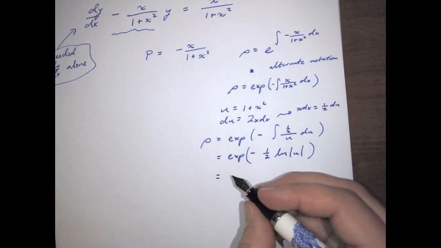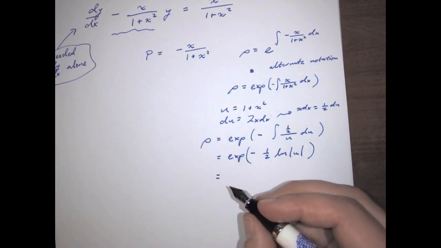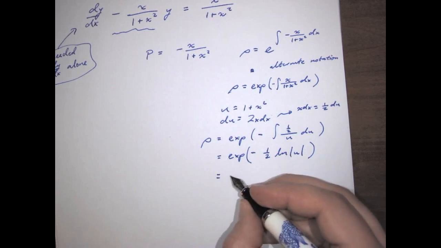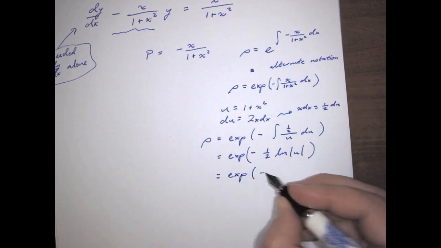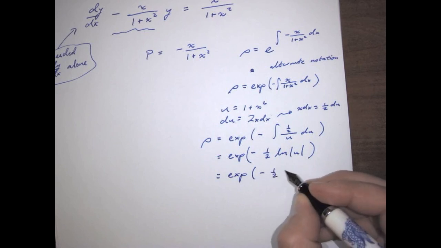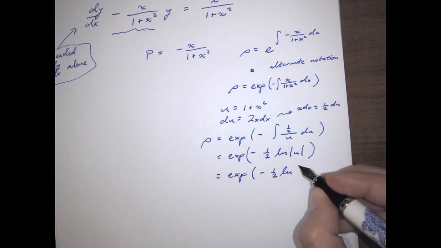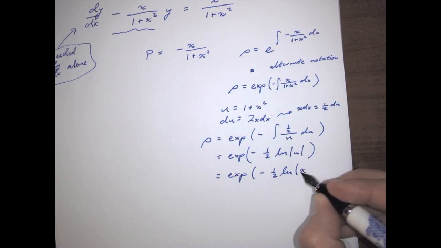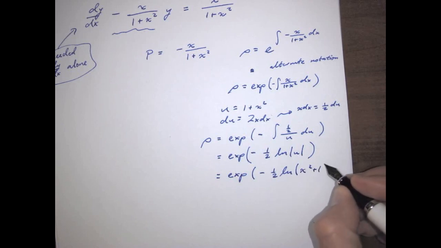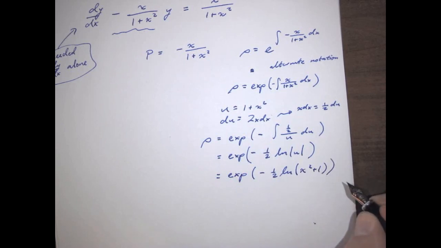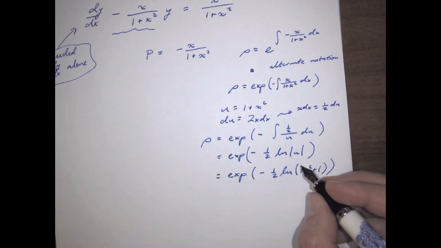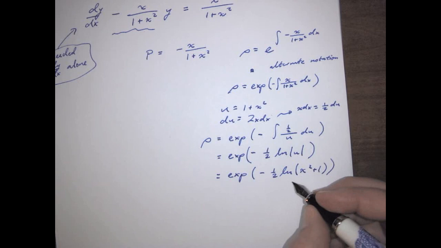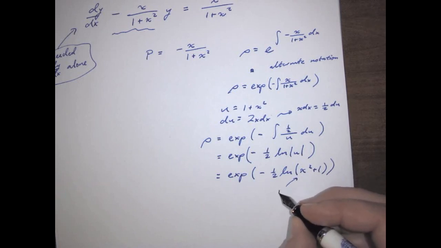So now this is going to be the exponential function negative 1/2 ln x squared plus 1. And notice I don't need to worry about the absolute value because this is always positive, so I dropped the absolute value.